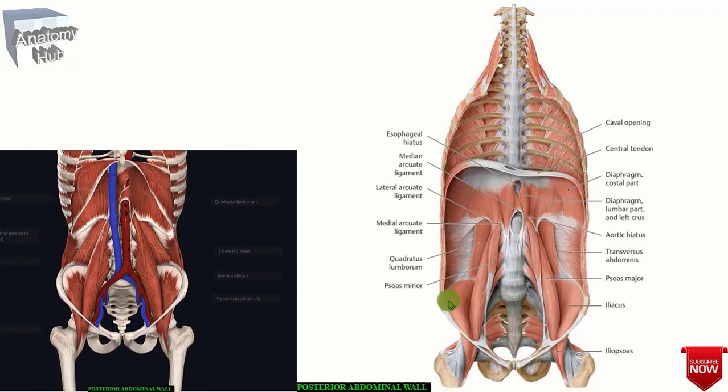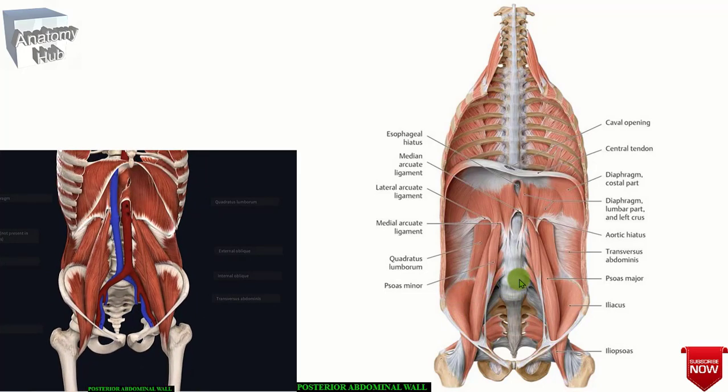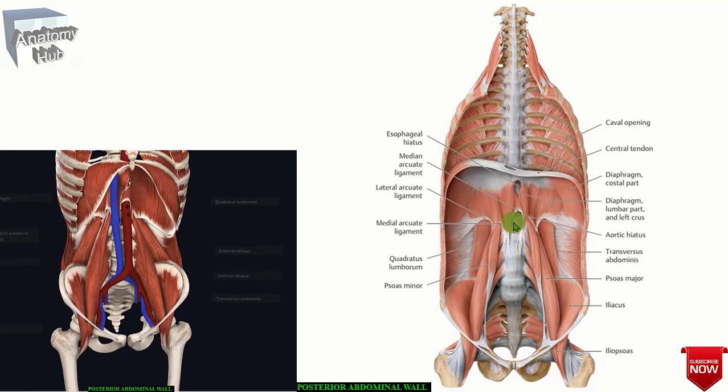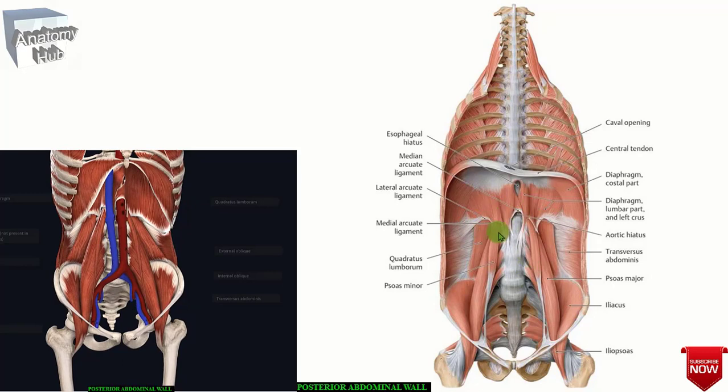Over here you can see the hip bone, the lumbar vertebrae, and some part of the thoracic vertebrae, and you'll see the muscular part and the fascia.